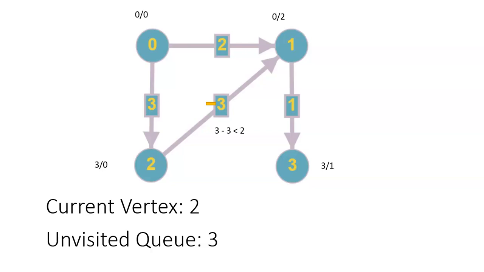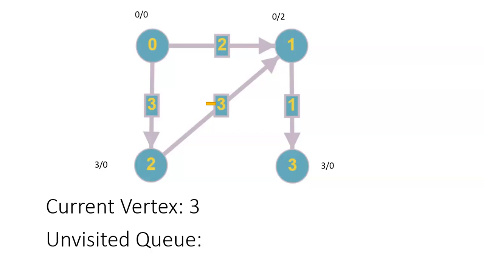It has a distance of 3 minus 3, which is equal to 0, which is also less than 2. So the distance is going to be 0, and the predecessor for vertex 1 is vertex 2. Now moving to vertex 3. It has no adjacent vertices, so we are done for this iteration.